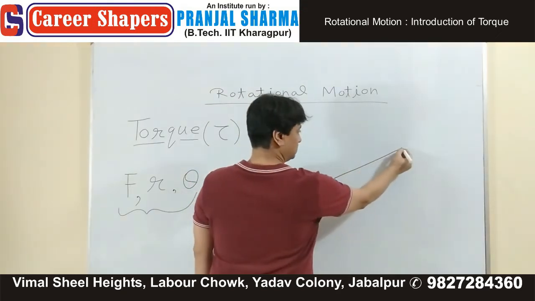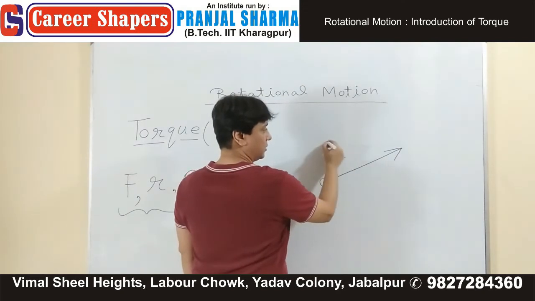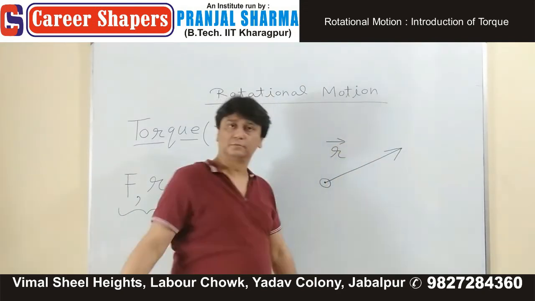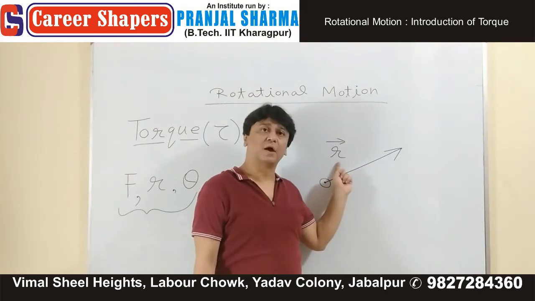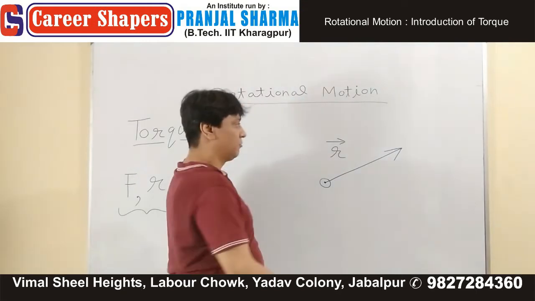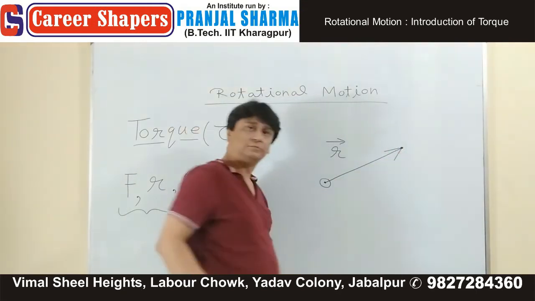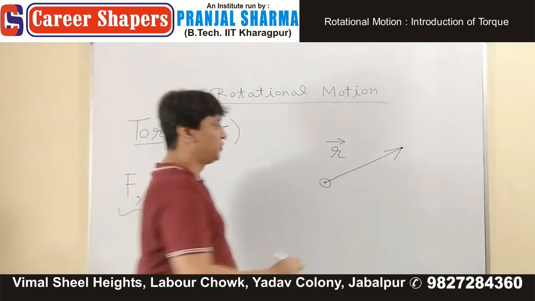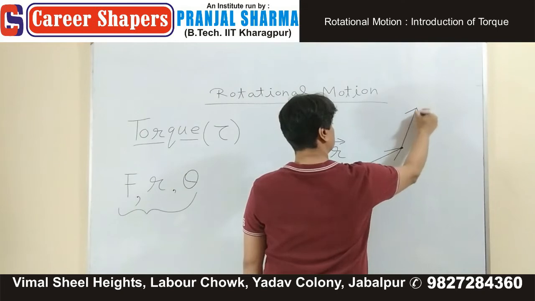Right here, you get the position. Position is given by what? R vector. On the body, at this point, we have a force which is acting in this direction.